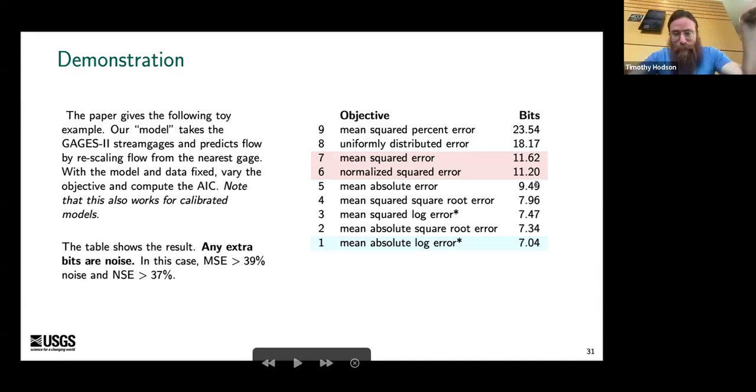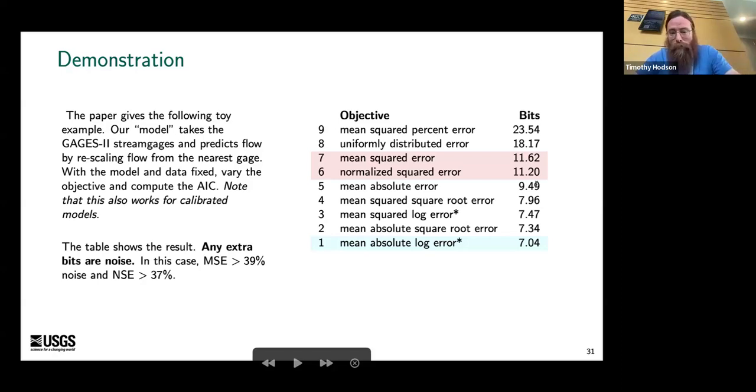So we're not going to do any optimization in this case, although that is a valid application. But we're just asking, okay, given this toy model, this metric, can we choose a good objective function? So the table on the right is 9. There are a couple more in the paper, but we'll just run through a couple.